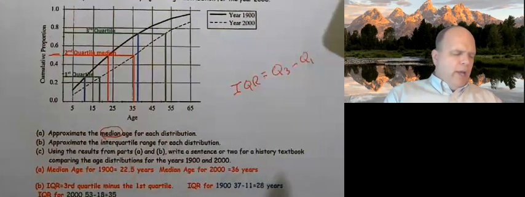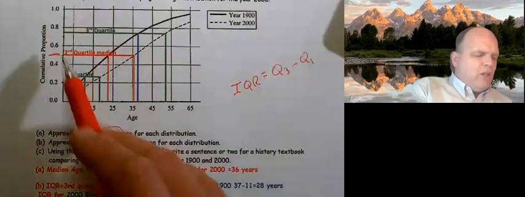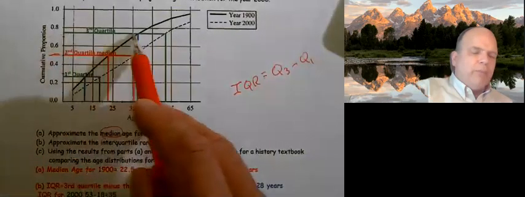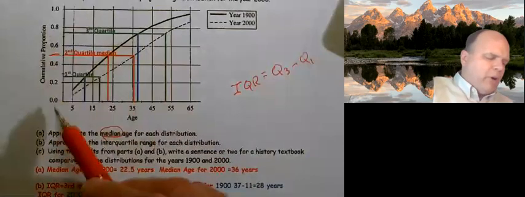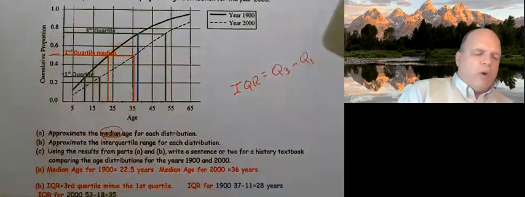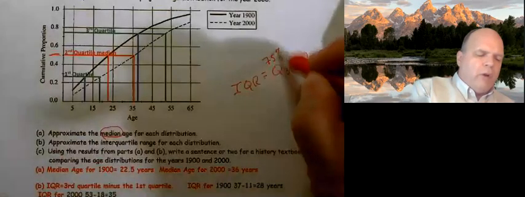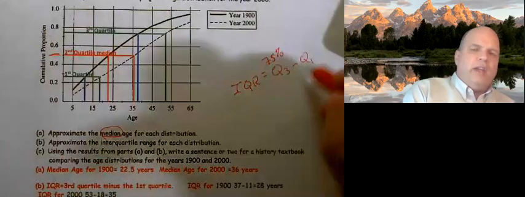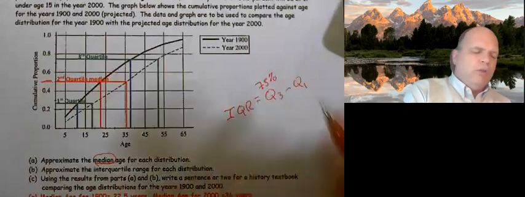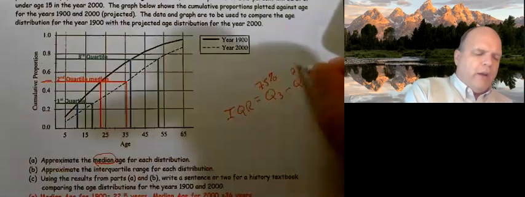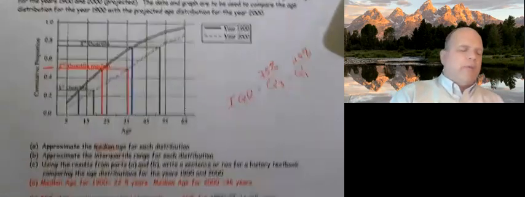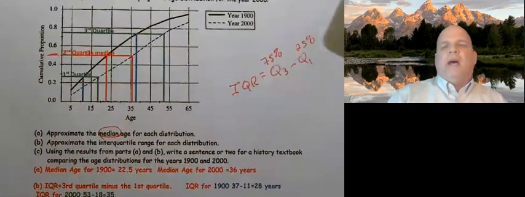I'm going to start off with 1900. Q3 is the 75th percentile, and Q1 is the 25th percentile. It doesn't matter which one you start off with. I'm just going to start with the 75th.